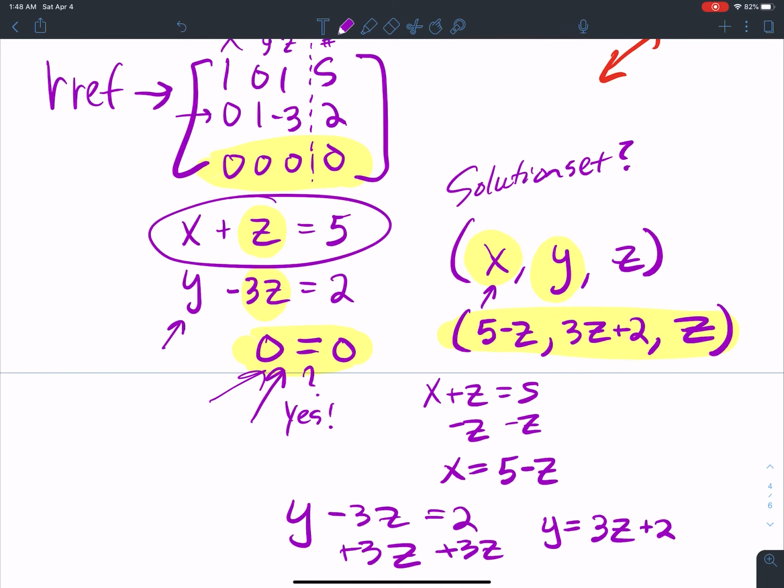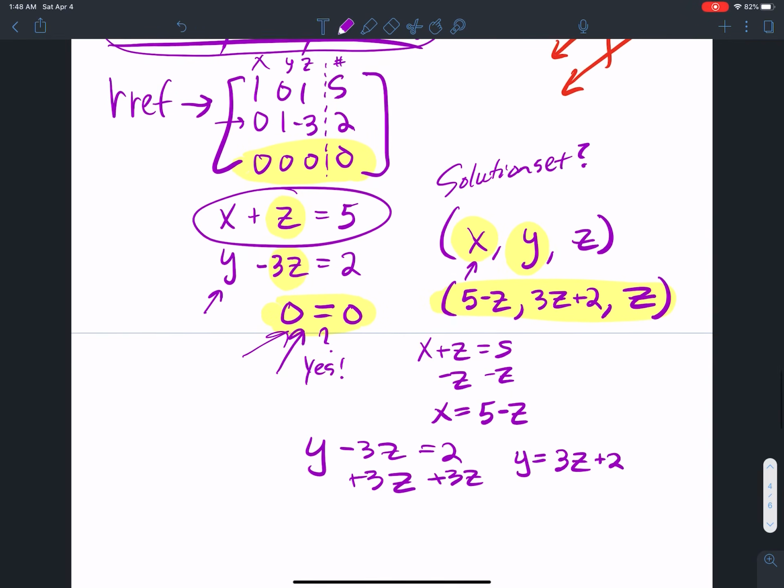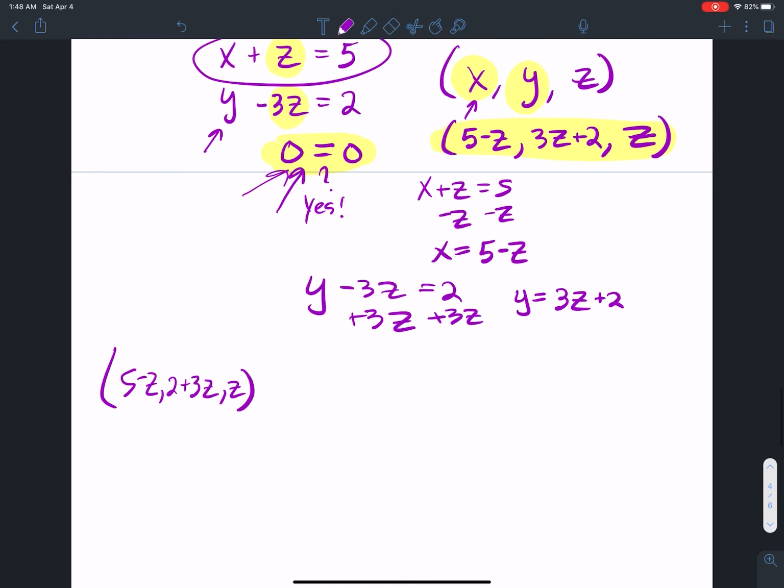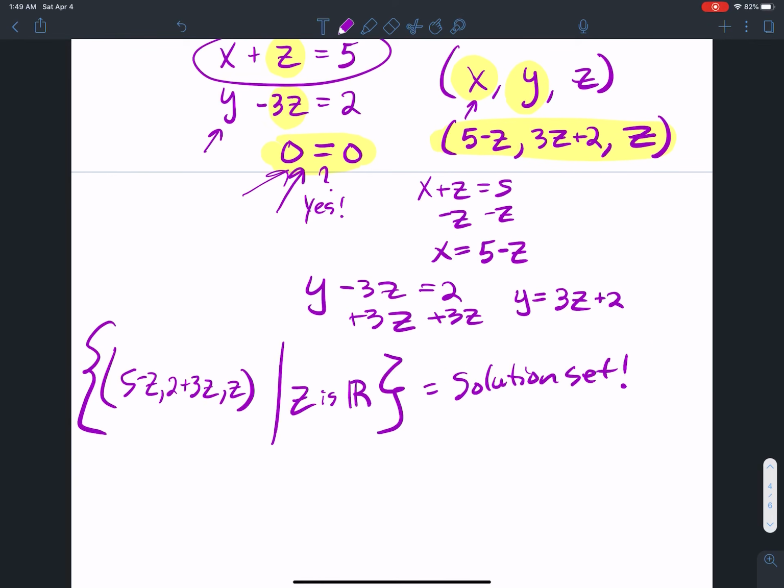Okay? So my answer here is (5 minus z, 2 plus 3z, z), as long as z is some real number. So z is a real number, okay? And this is my solution set. All right? That's an ordered triple written in terms of z.